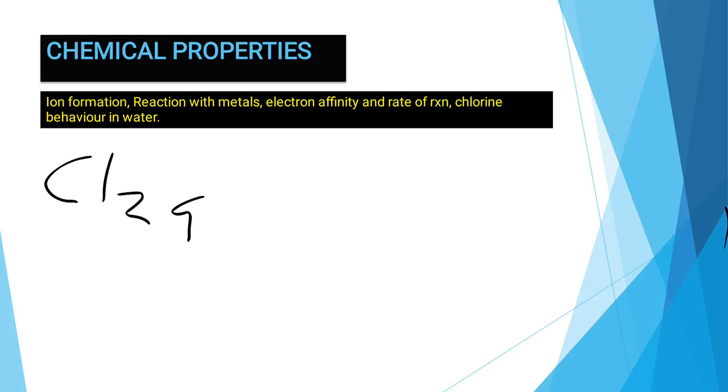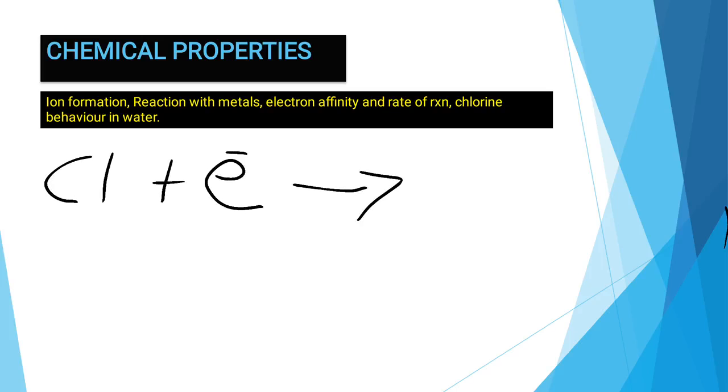So if you have chlorine as an atom, and then it gains an electron to form a chloride ion, there is an amount of energy that is released in the process.